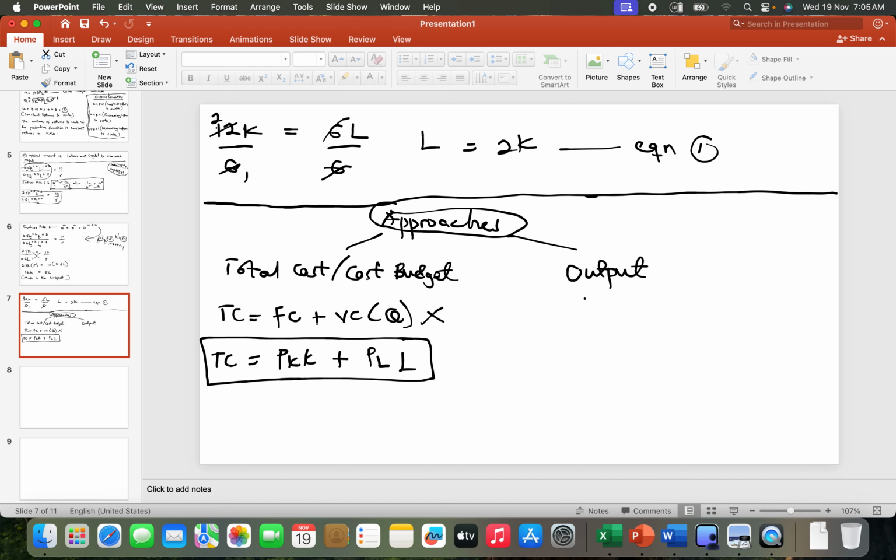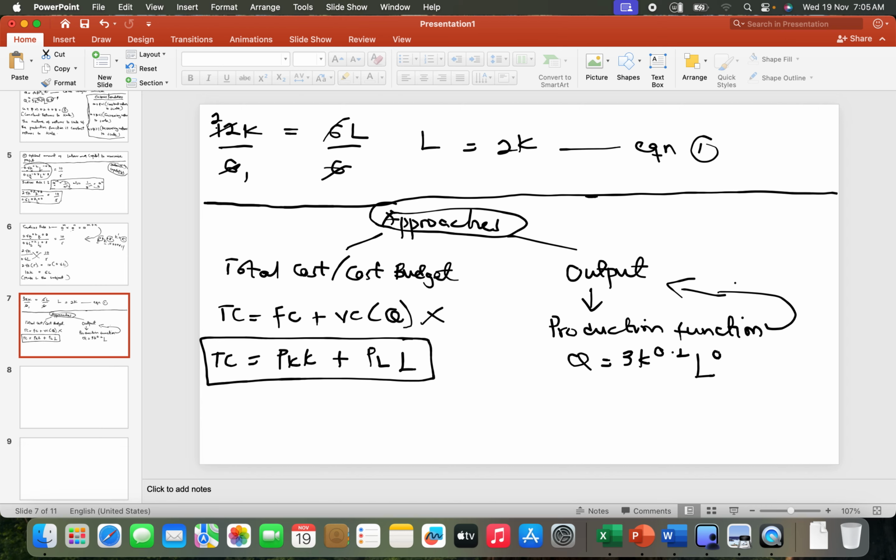Now with the output approach, we use the production function that will be given in the question. Production function is the same as the output function. So they'll always give it to you in the question. With this question, our production function was Q is equal to 3k exponent 0.2, L exponent 0.8.